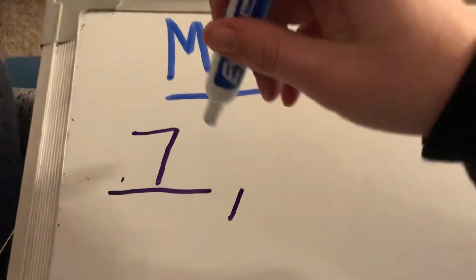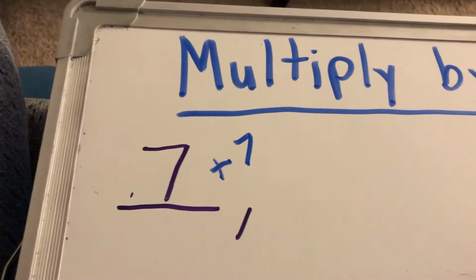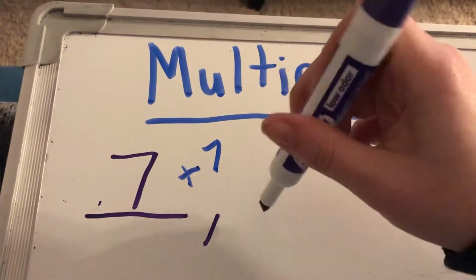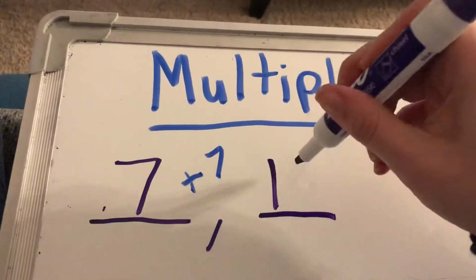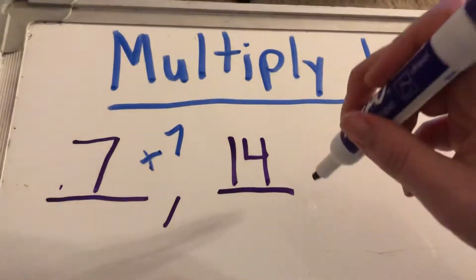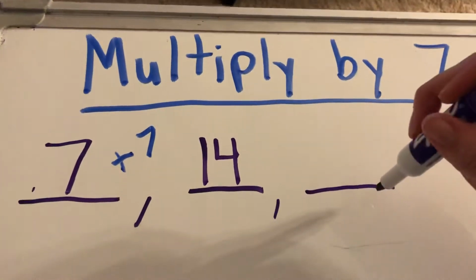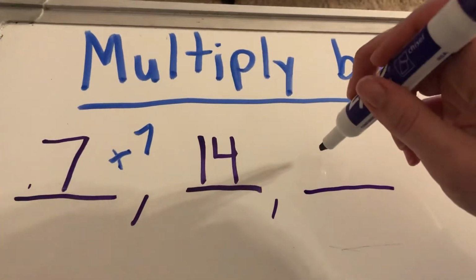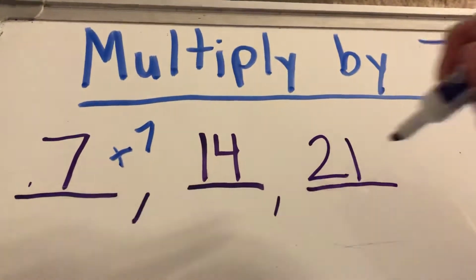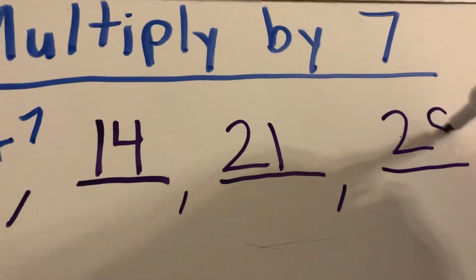Yeah, no mystery here, right? 7, 14. Now I said we are stopping at the number 70, okay? What number comes next? Good, 21. I'm just going to continue the rest because of time.